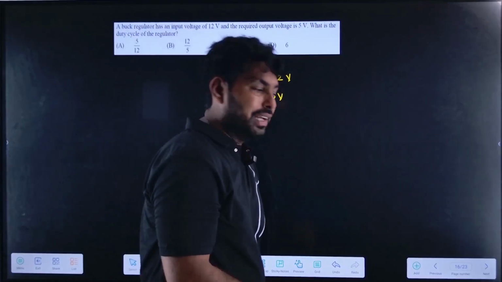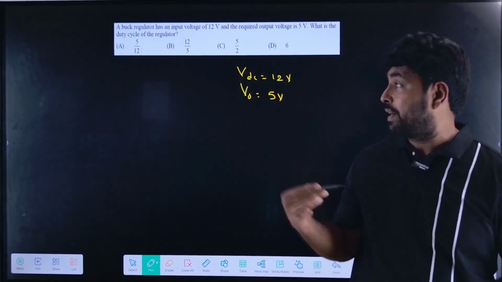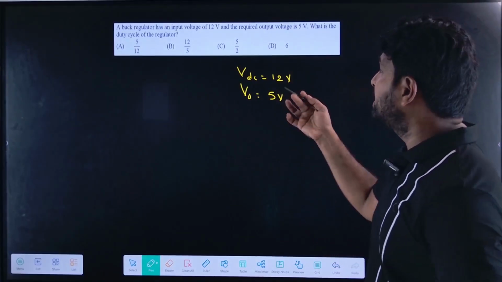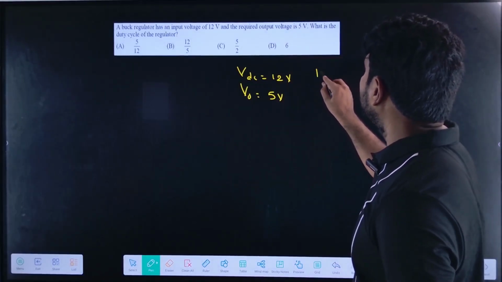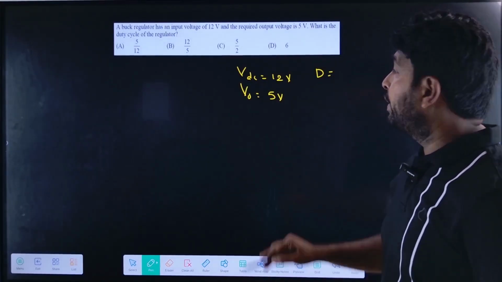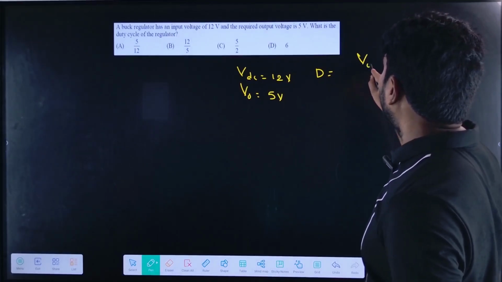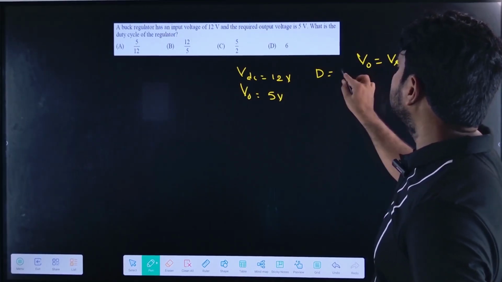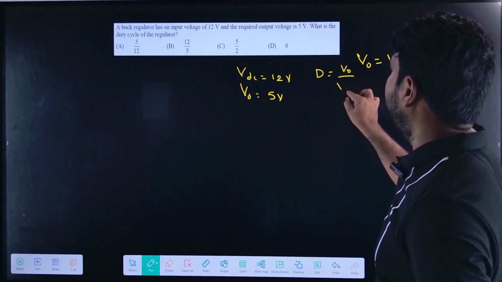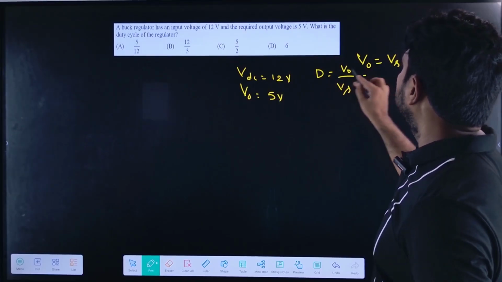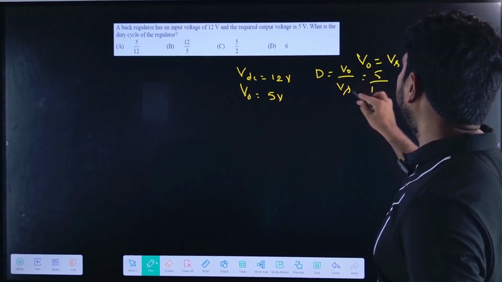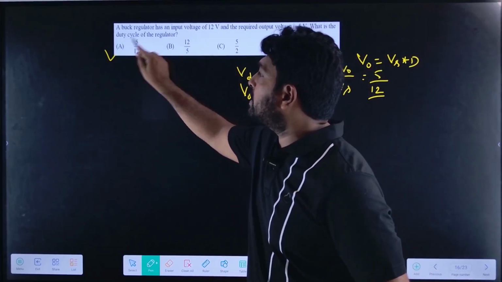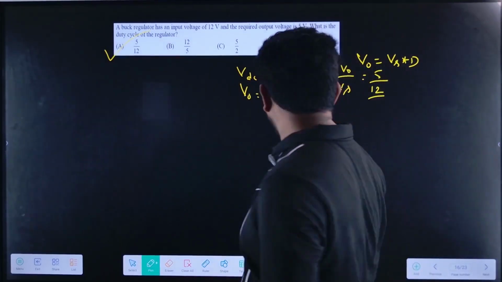It was asked in a previous question paper, I think of the civil services. We know that output voltage equals input voltage times duty cycle, so duty cycle equals V0 by Vs. V0 is 5 and Vs is 12, so the answer is 5 by 12. Now let us solve the next question.